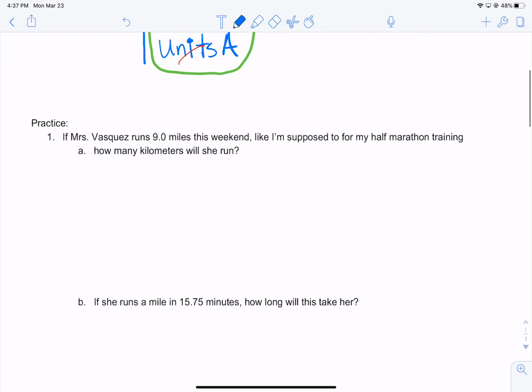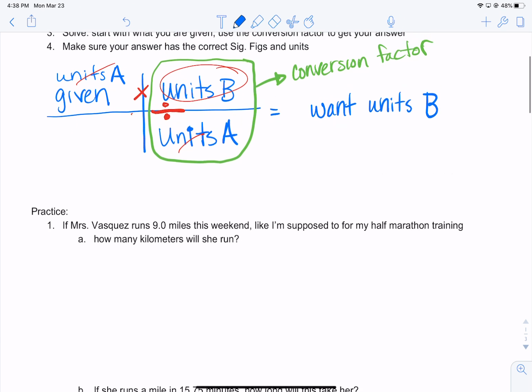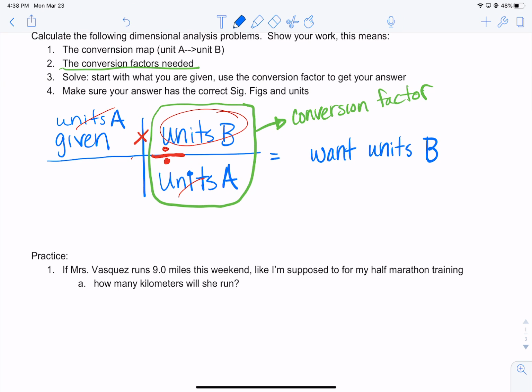If Miss Vasquez runs 9 miles this weekend, like I'm supposed to for my half marathon training, how many kilometers will she run? All right, so step 1 is, well, first we need to know, what am I given? So I'm given this. This is my given. This is what I know. And this right here, kilometers, is what I want.